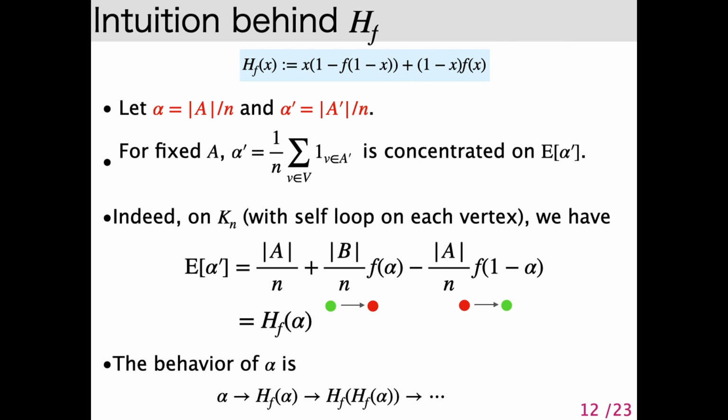Indeed, on a complete graph, we can easily compute the mean of alpha prime, and actually this is equal to h_f of alpha. So due to the concentration of alpha prime, the behavior of alpha can be roughly expressed as the iteration of applying h_f. So h_f plays a key role in the study of functional voting processes on a complete graph.